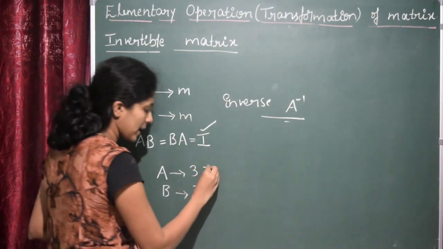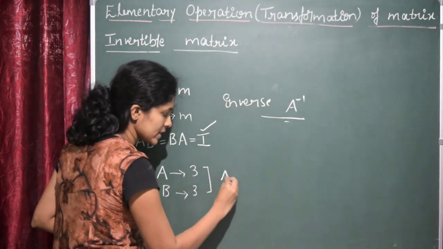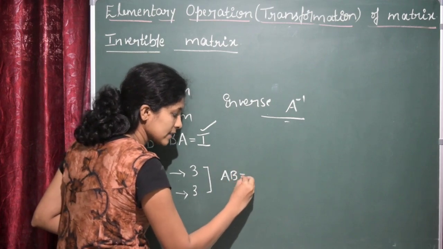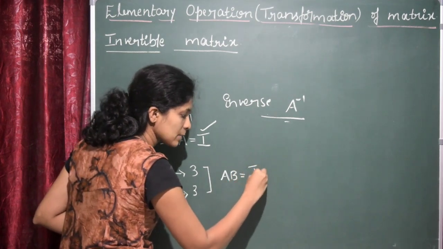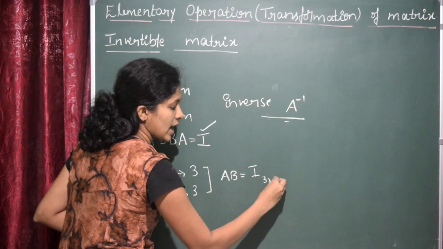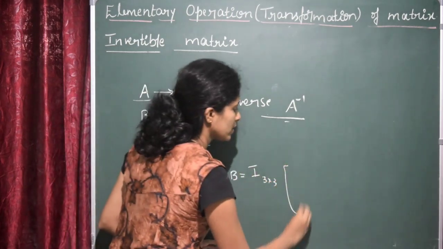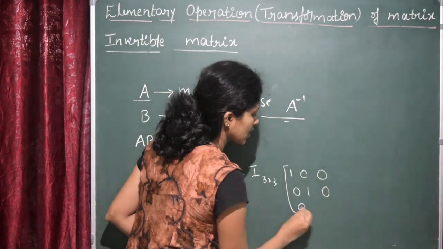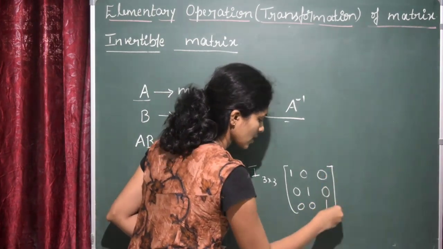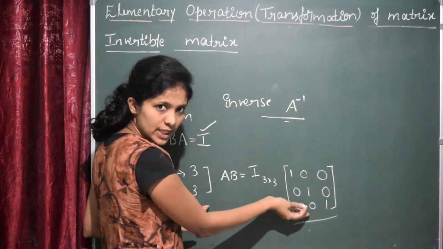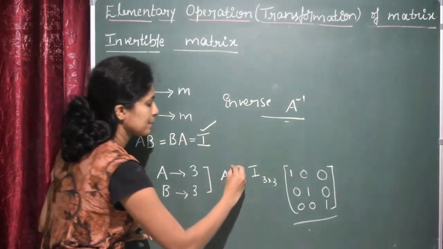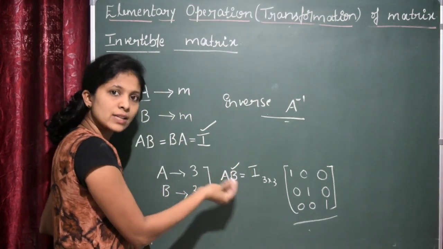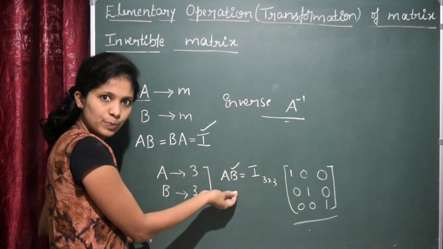Then if I multiply A and B, I have to get the identity matrix of order 3. The identity matrix of order 3 means 1 0 0, 0 1 0, 0 0 1. If I get this product, then we can say that B is the inverse of A as well as A is the inverse of B.